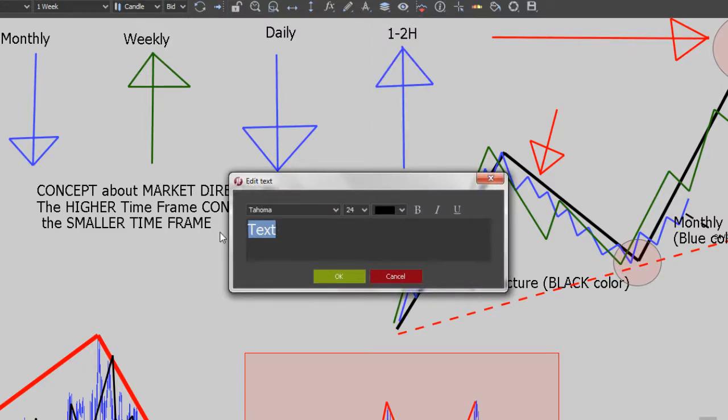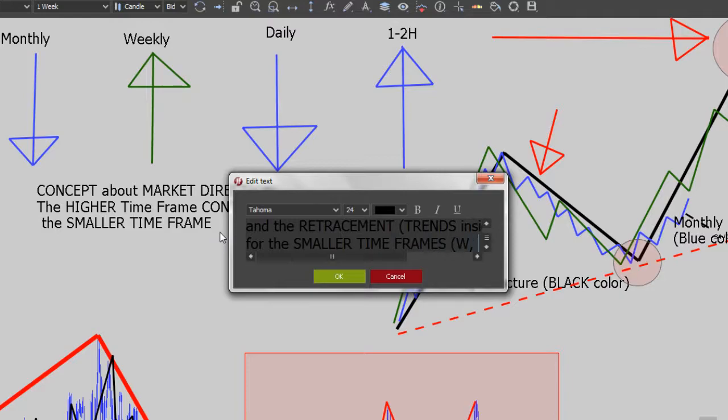And let's write one more thing. So remember while trading, the monthly time frame is going to lead the extension and the retracement, meaning trends inside the trends for the smaller time frames, right?